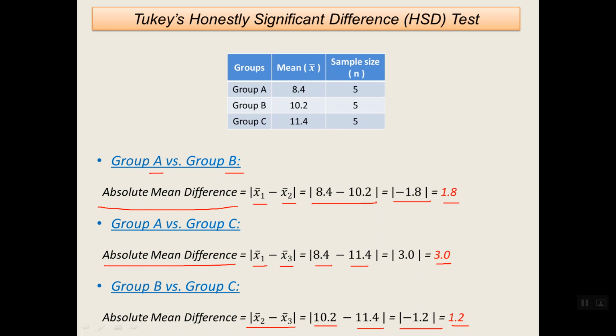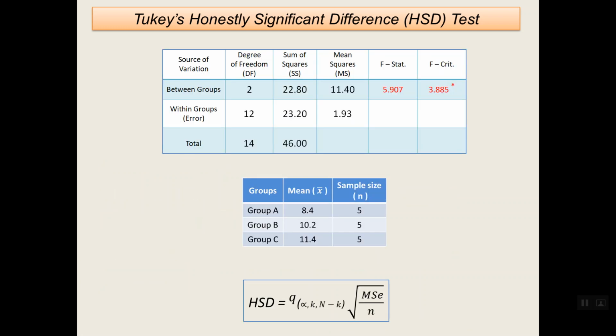Otherwise, if the difference between the two means is less than the value of the Tukey's HSD, we conclude that there is no significant difference between the two means. So let's start calculating the value of the Tukey HSD.